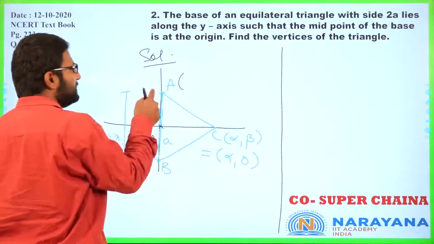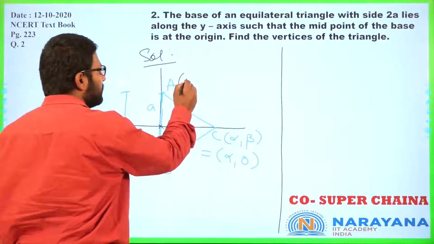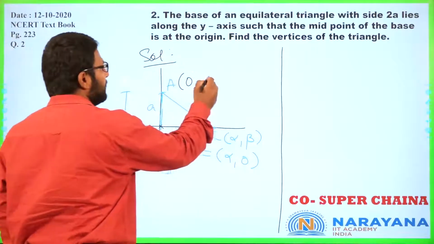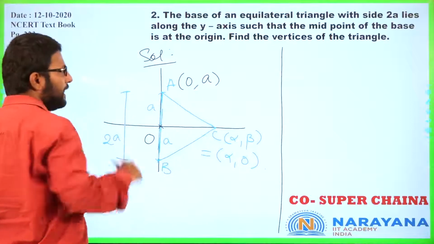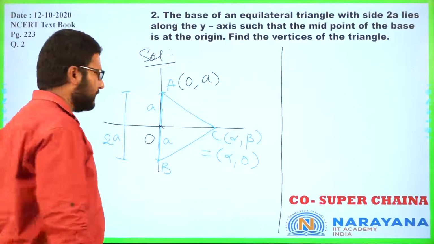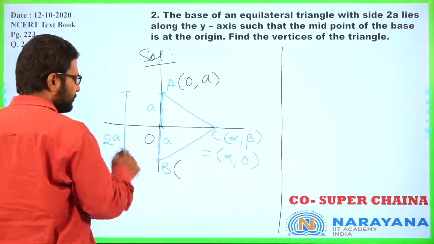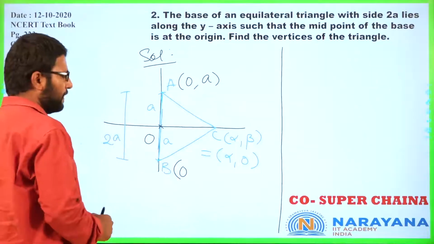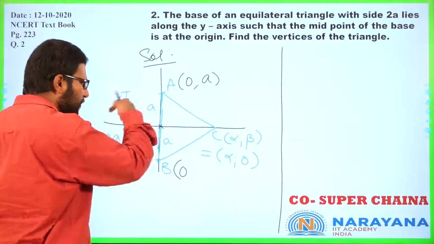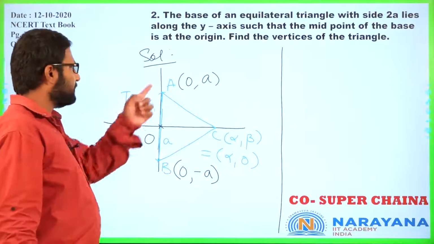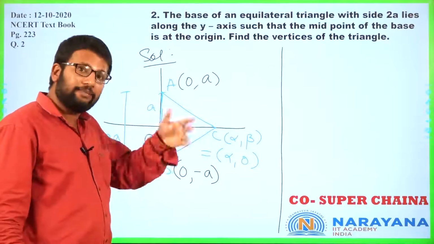Since it lies on the y-axis, its x-coordinate would be 0 and its y-coordinate would be A, because it is exactly A units above the x-axis. Similarly for point B, it lies on the y-axis, so its x-coordinate would be 0 and it's exactly A units below, so 0 comma minus A. So for vertices A and B, the diagram itself will give you the answer.